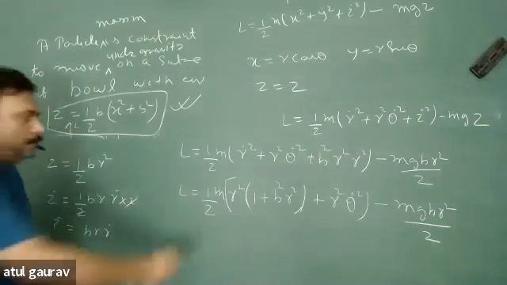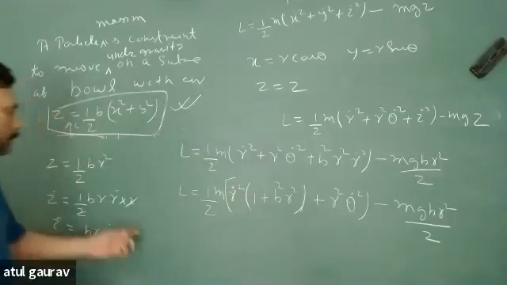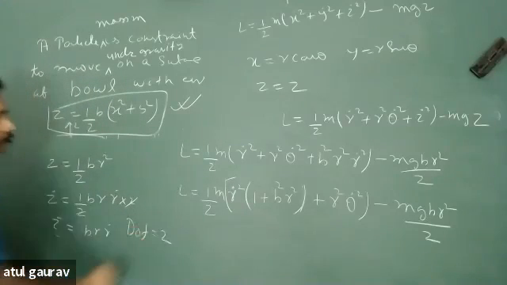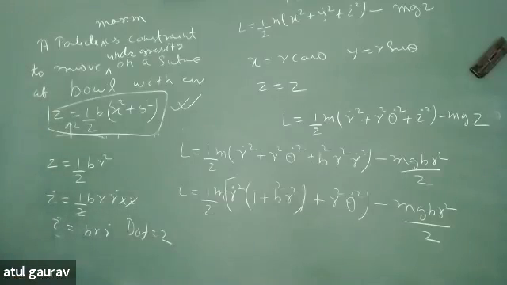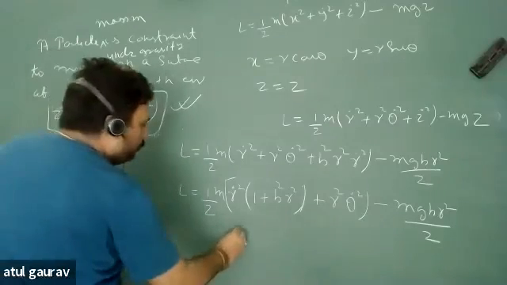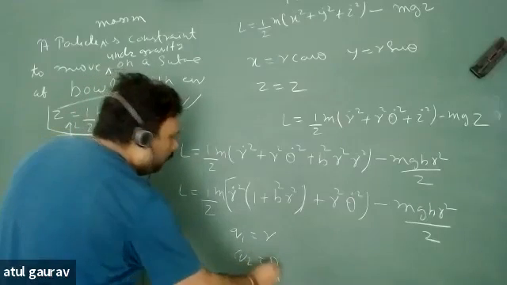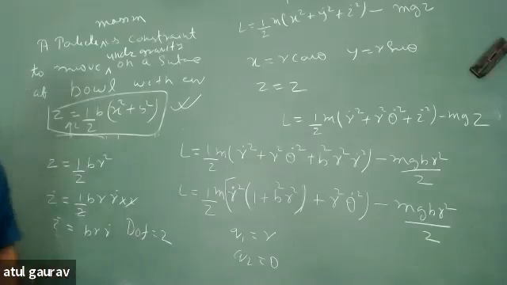Now you can see what the degree of freedom is. The degree of freedom is 2. And what are the generalized coordinates here? We have generalized coordinate q1 equal to r and q2 equal to theta. So we have two generalized coordinates.